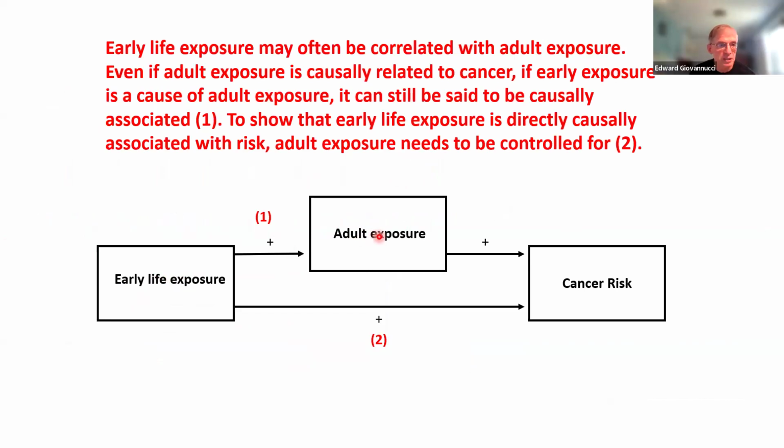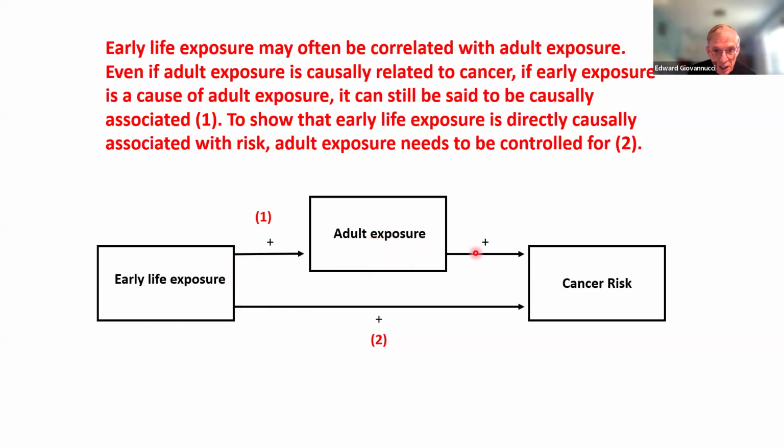There are genes for obesity, so individuals that tend to have obesity early will also tend to have it late. So there's this correlation. To one extent, if this is a causal association, you can say starting a habit early in life causes an adult exposure.